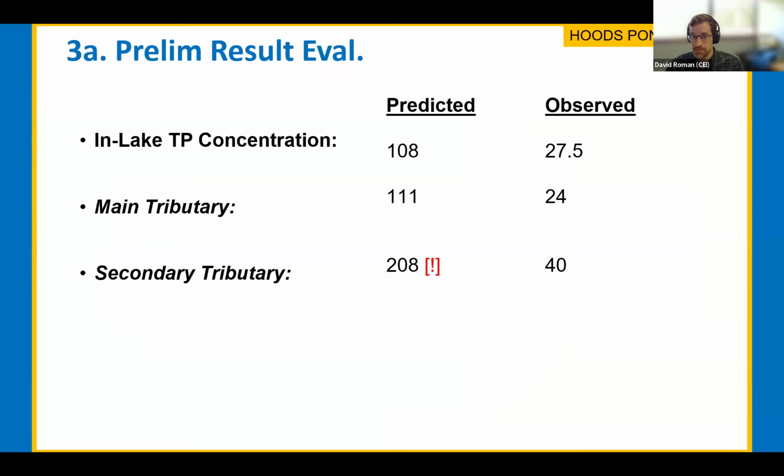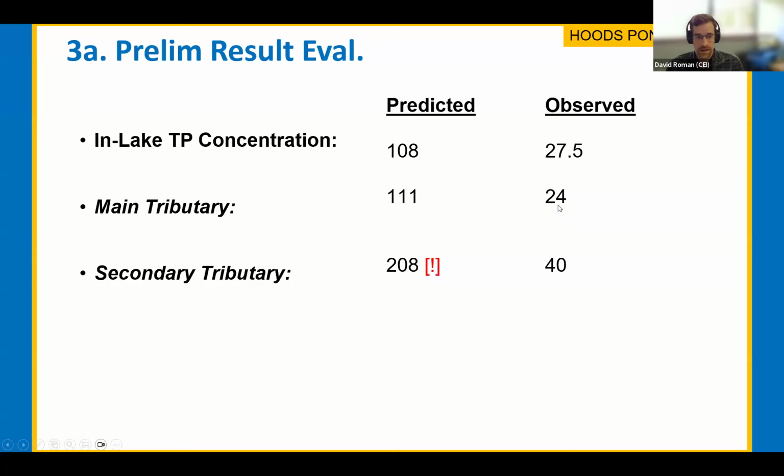So calibration is important. Here's our example for our Hood's Pond case study. We estimated that the in-lake concentration was 108 micrograms per liter as compared to an observed value of 27.5. So obviously calibration is needed here. Tributary concentrations are up in the hundreds, in the 200s, as compared to 24 and 40.